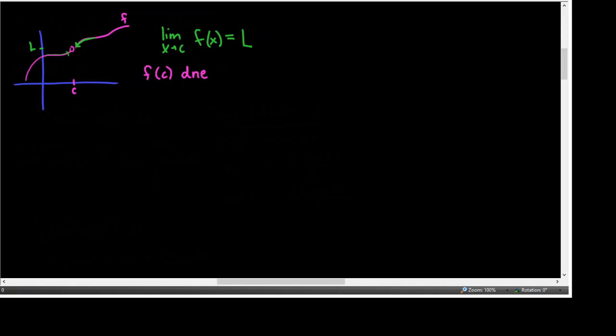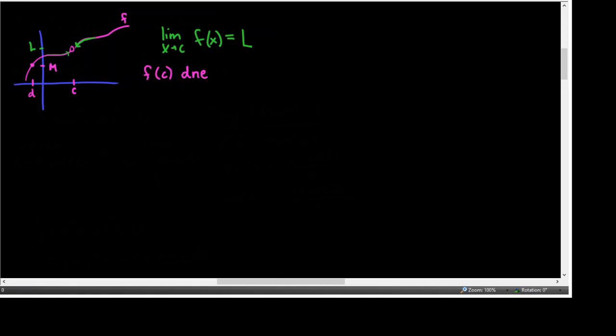Now, there are some problems, like if I then came back and said, okay, I want to do this one as x approaches d. There's no missing point, there's just a y value there. And let's say that this approaches some number m.